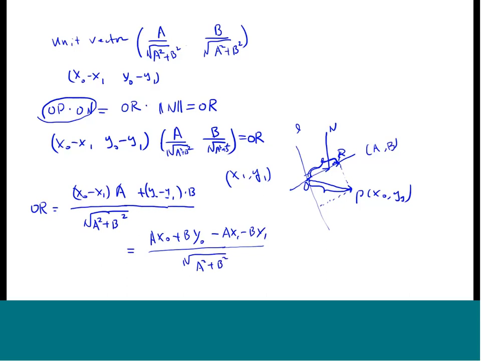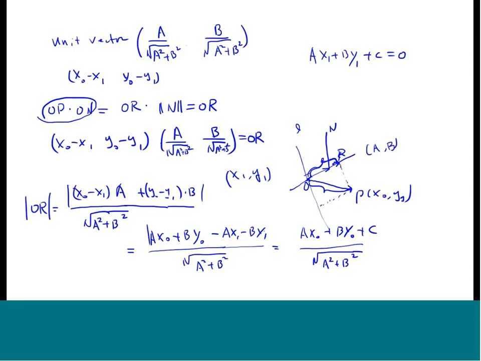Because x1, y1 is an arbitrary point on the line, ax1 plus by1 plus c equals 0. So this is minus c, so the distance is ax0 plus by0 plus c over the square root of a squared plus b squared. If you really care, take the absolute value.